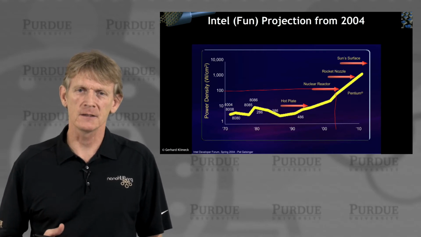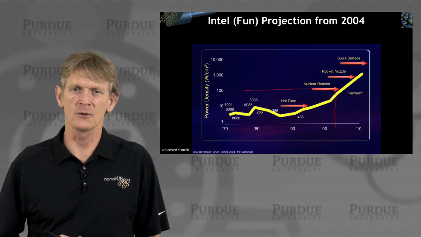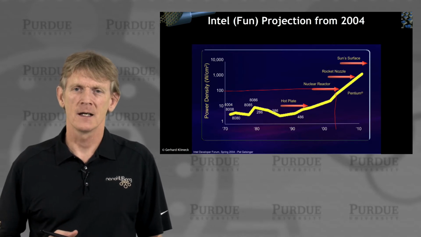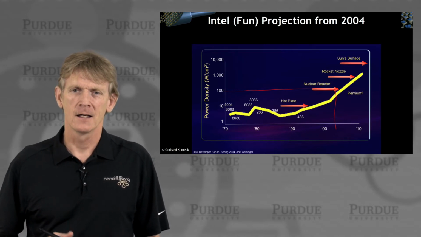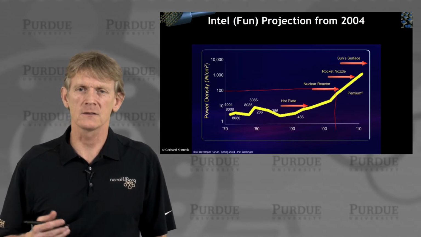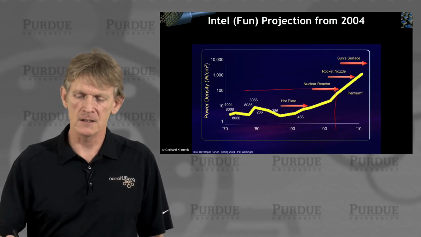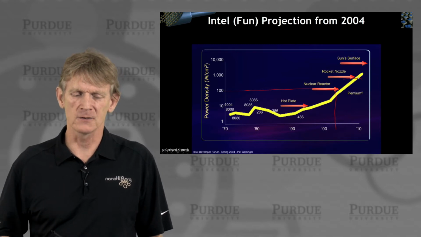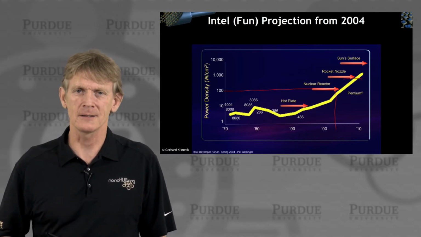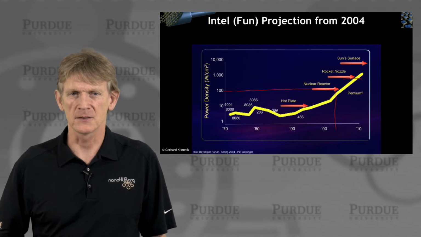Now the fun part is, he said, if you just continue to increase as we have done and close your eyes and keep increasing or decreasing the voltage in your system, etc., you'll reach the heat at 1,000 watt per square centimeter of a rocket nozzle, or eventually the sun's surface.